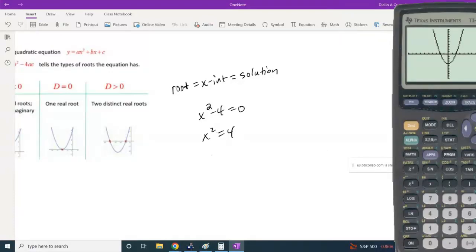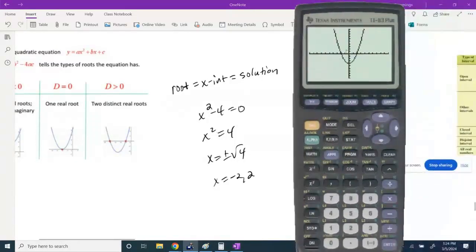Now I can take the square root of both sides, x equal to plus or minus square root of 4. So x is equal to negative 2 and positive 2. The negative 2 and positive 2 are where your graph hits the x-axis.